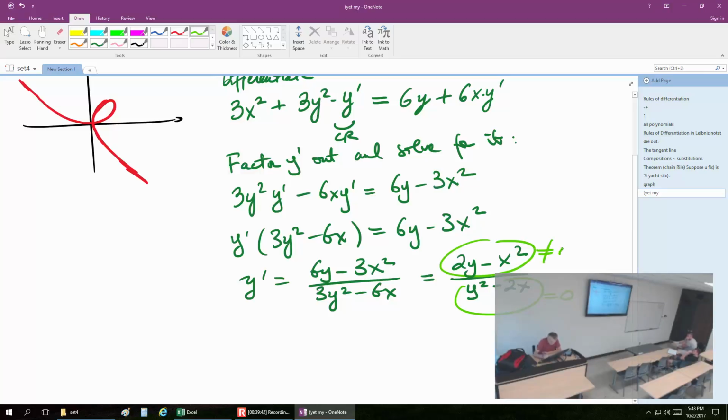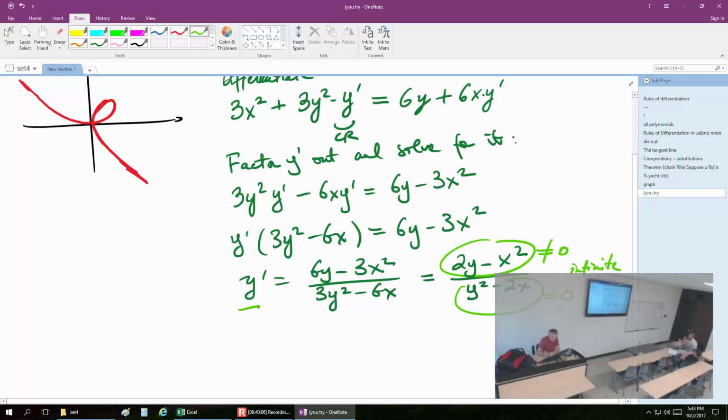So suppose the numerator is not equal to 0, which is not actually the case in this particular curve, but whenever the numerator is not equal to 0 and the denominator is equal to 0, then you can interpret this expression not as an undefined division by 0, but as infinity.